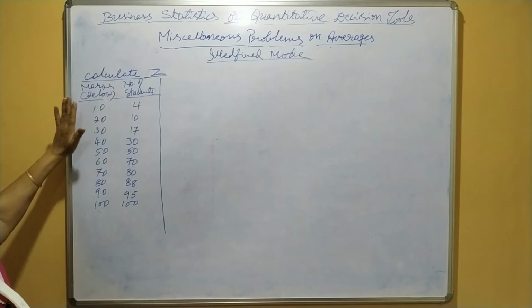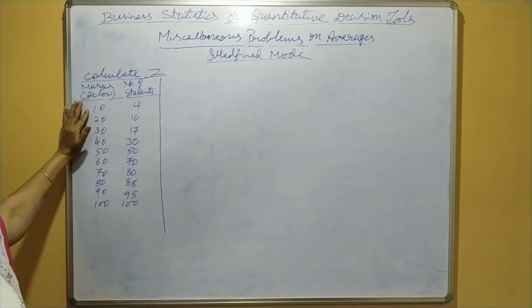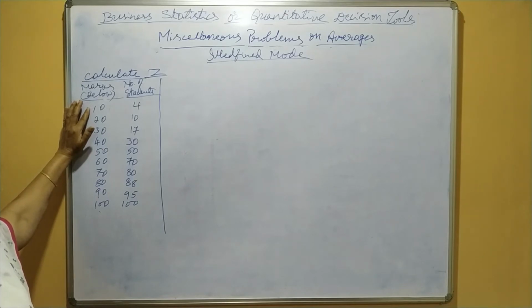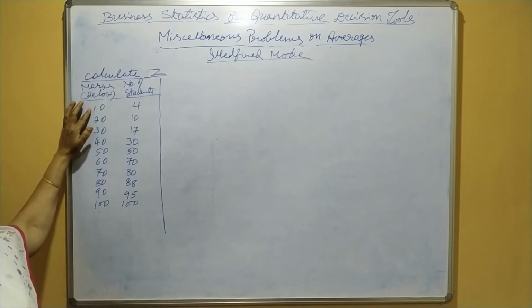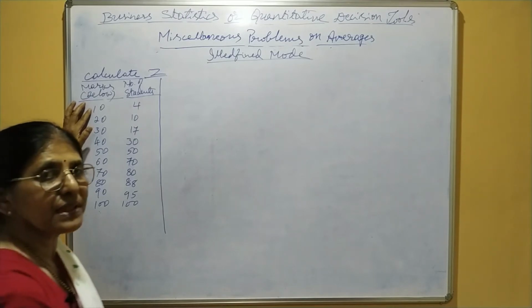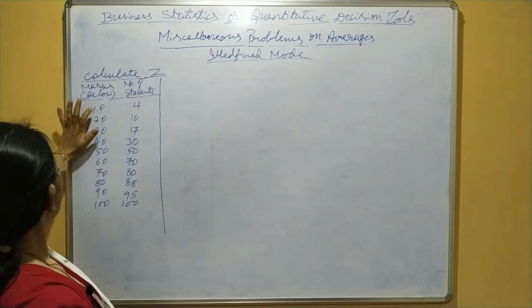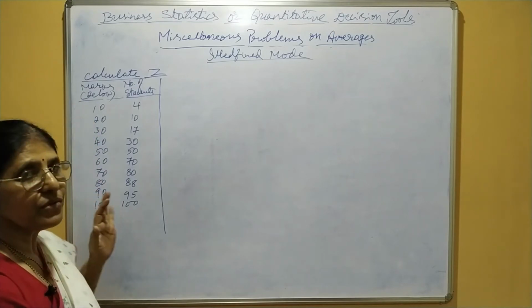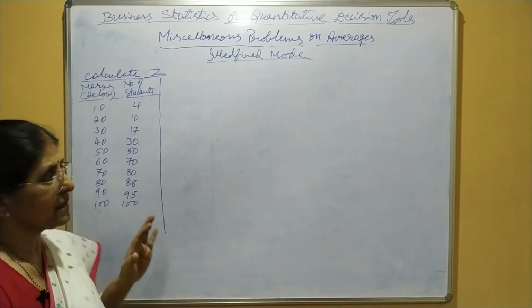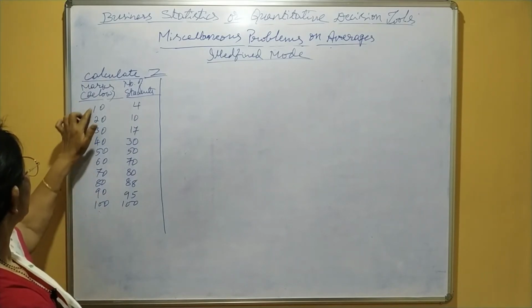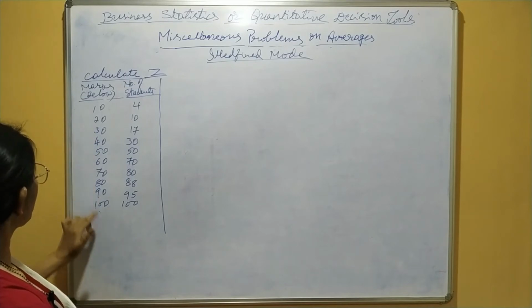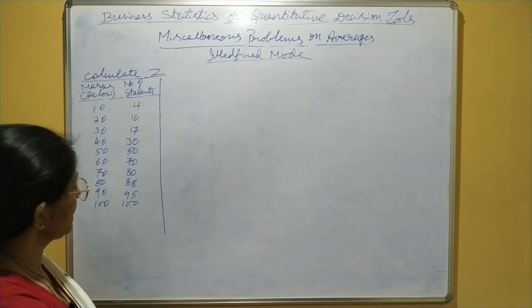Now I have already told you, when variables are given below, then the given values of variables are upper limits of respective classes. That means 10 is the upper limit of the first class. That means we have to find out the lower limit of the first class. Now the increment among the given values of variables is nothing but the class interval. If you observe here, the increment from first to last, that means 10 to 20, 20 to 30, 80 to 90, 90 to 100, the increment is 10.